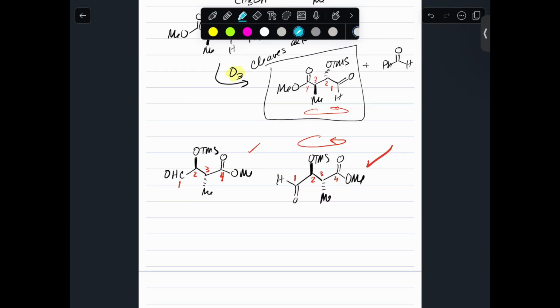Okay, so there's your example, your total synthesis example. This is in no way the only way you can form syn-aldols and anti-aldols enantioselectively. And so in our next lecture, we will be discussing other methods of making syn and anti-aldols.